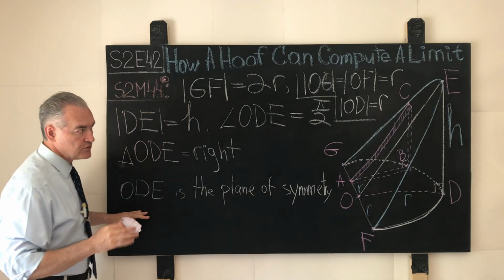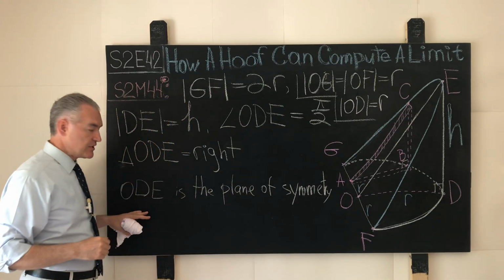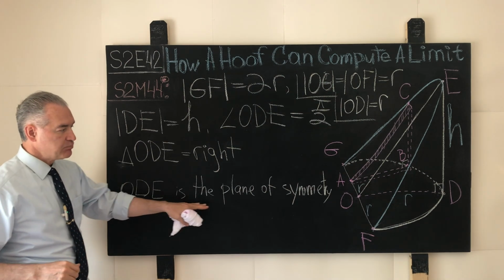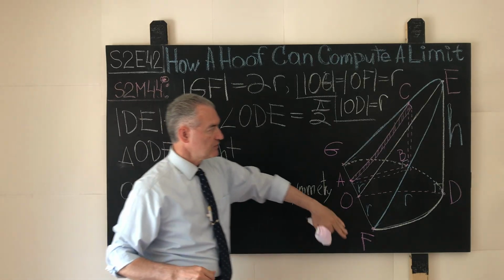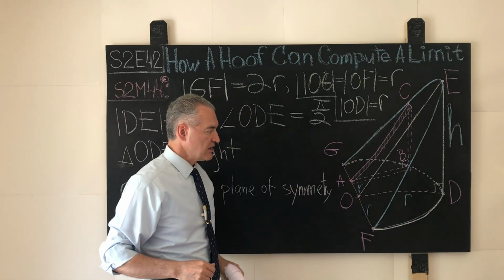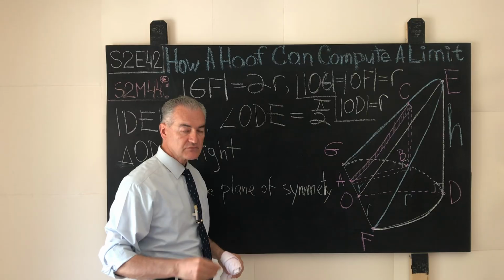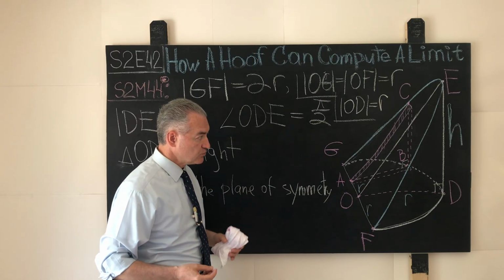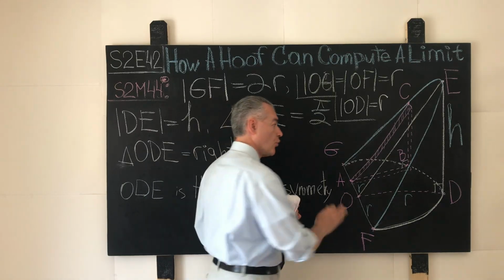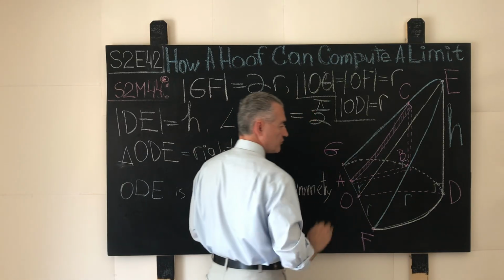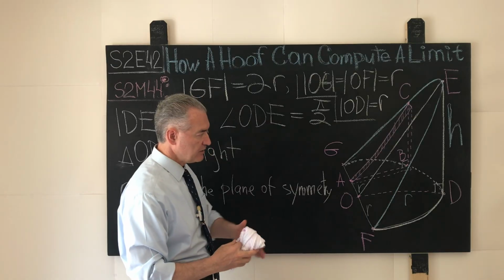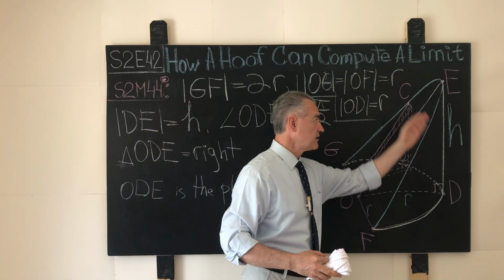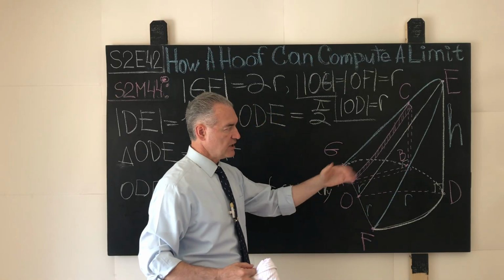And again, due to the symmetry of the arrangement, the plane ODE will be the plane of symmetry of the hoof of Archimedes, thus constructed. And what does that mean to us tactically? Tactically, that means we just have to fight the fight with one half of this hoof that's located to the left or to the right of the plane of symmetry ODE. I will use the left half. You guys can use the right half.